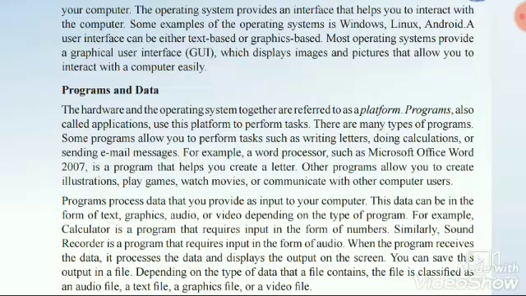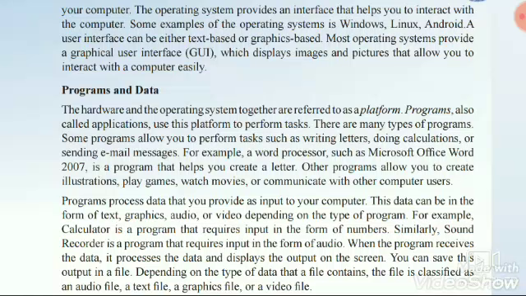This data can be in the form of text, graphics, audio, or video depending on the type of program. For example, a calculator is a program that requires input in the form of numbers. Similarly, a sound recorder is a program that requires input in the form of audio. So different applications take different forms of input.